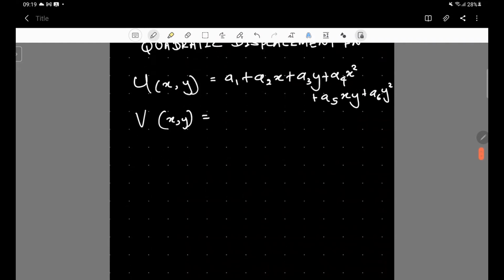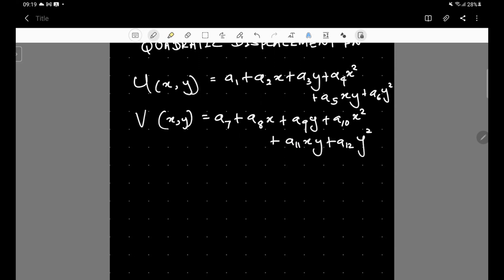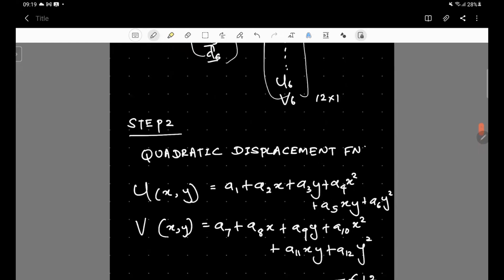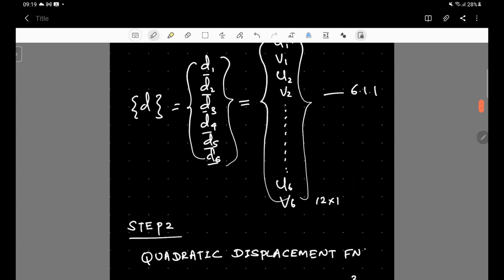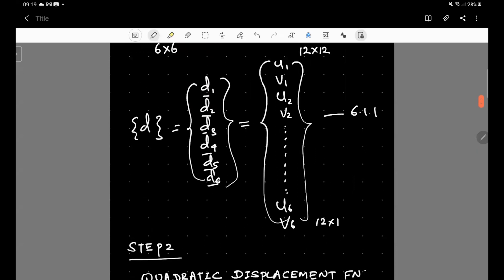Similarly, we can come up with a function for describing the displacements in the y direction: a7, a8 x, a9 y, a10 x squared, and x y terms.